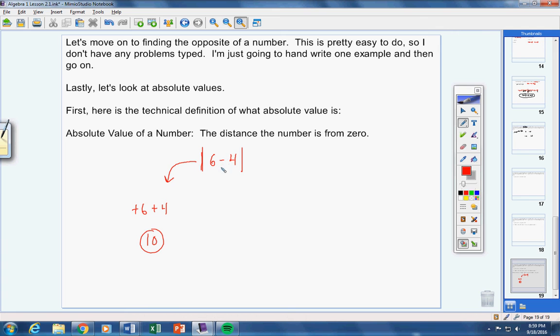So the absolute value of 6 minus 4 is the absolute value of 2, because 6 minus 4 is 2. So you must first simplify the inside of the absolute value. Now, what's the absolute value of 2? 2. So there's your answer.